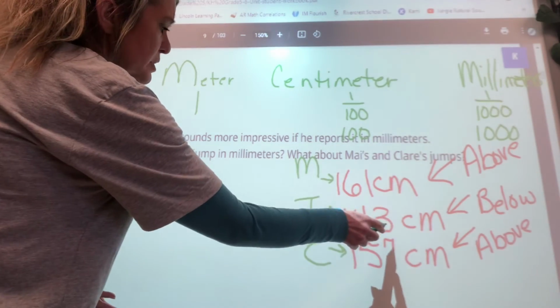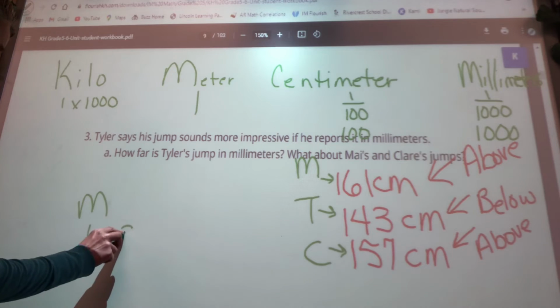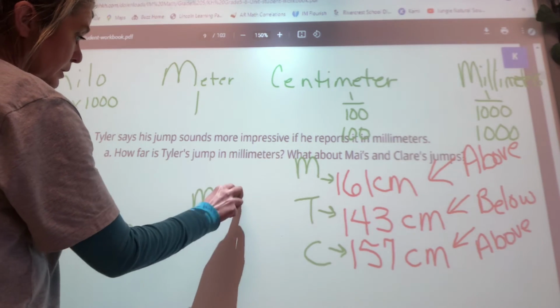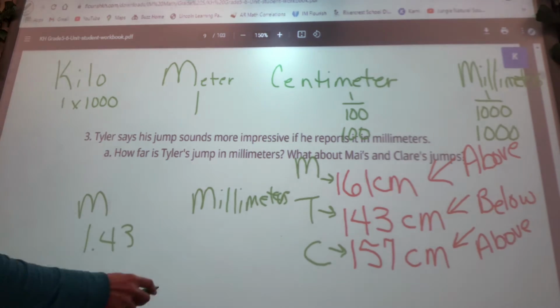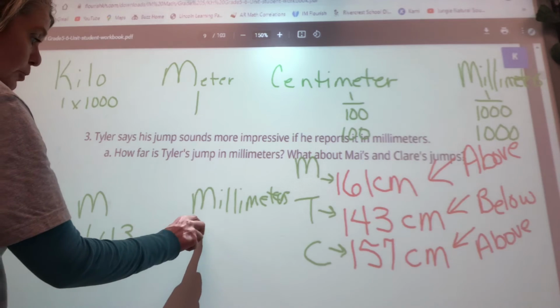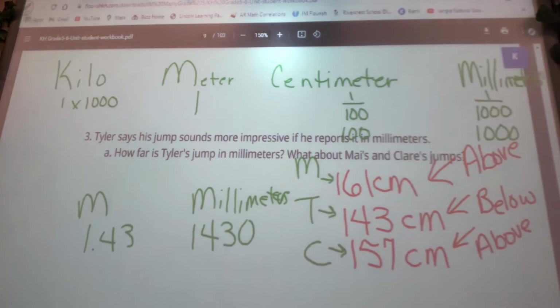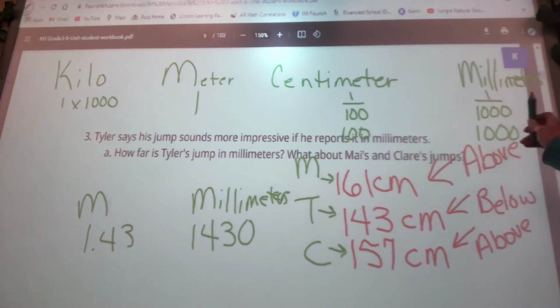Since now he's in hundredths, in meters he would have been 1.43. And in millimeters, because it's based on thousandths, he would be at 1,430. Okay, because if we're moving one more place value, if we're moving one more multiple of 10.